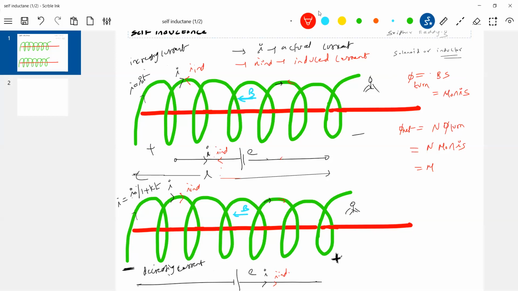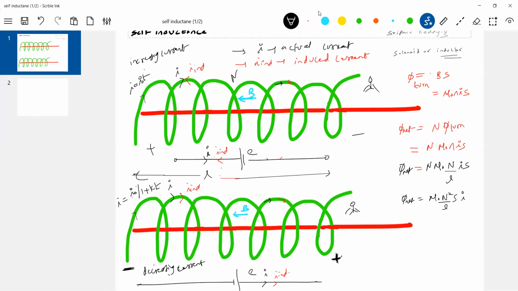Okay, fine. So the number of turns, let it be N. So in place of n, this will be N by L. Mu naught N by L, I into S, where S is the area of cross section. That is the total flux linking the solenoid. When I rearrange this, it is mu naught N square by L, S into I. What is S?